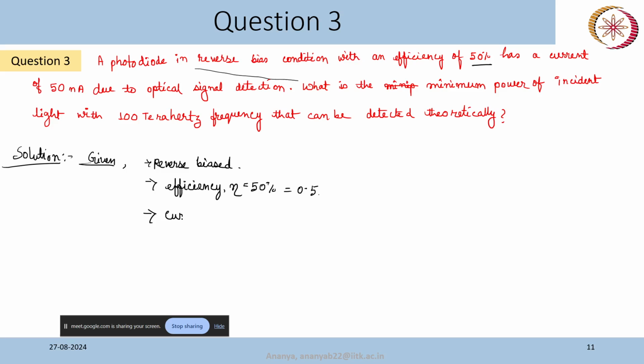Current I is given as 50 nanoampere. Another thing that is given, frequency 100 terahertz, frequency of incident light. Hundred terahertz means 10 to the power 12 hertz.